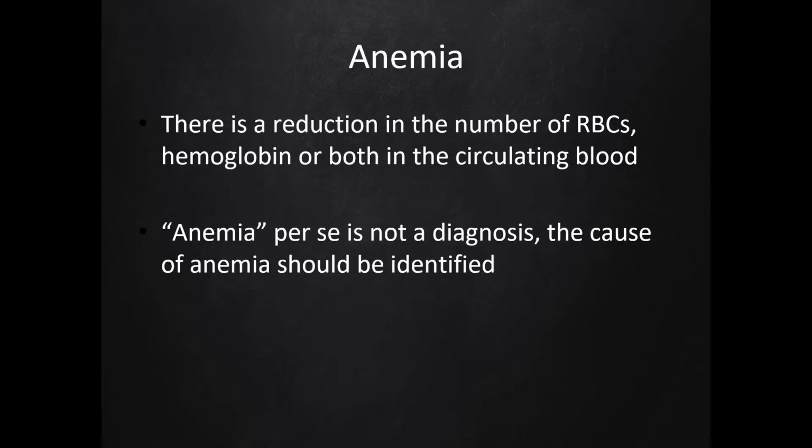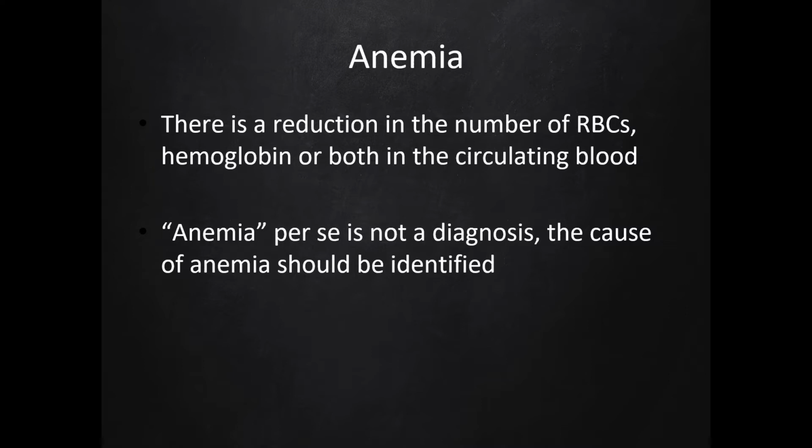Anemia is defined as a reduction in the number of red blood cells, hemoglobin, or both in the circulating blood, or also defined as an absolute decrease in the hematocrit or PCV, a decrease in hemoglobin concentration, and a decrease in RBC count.